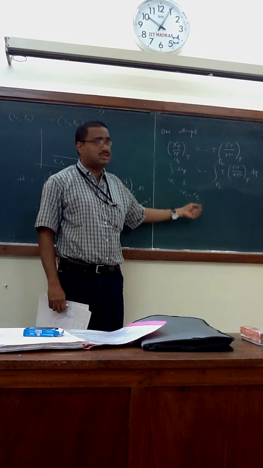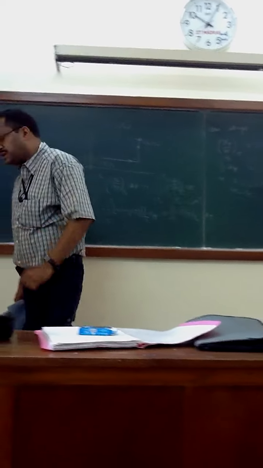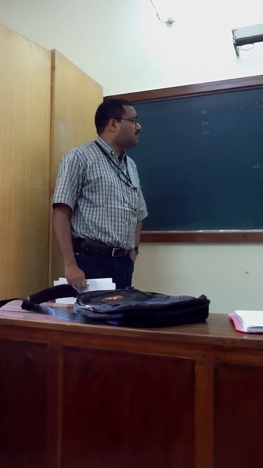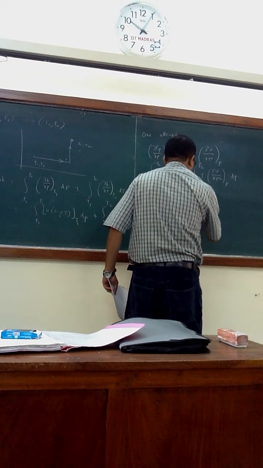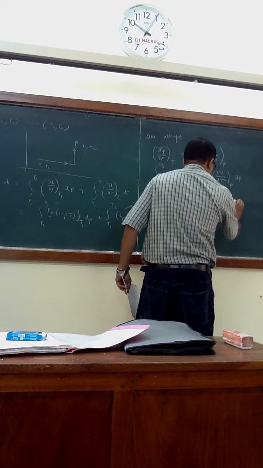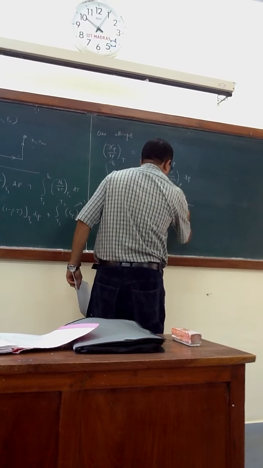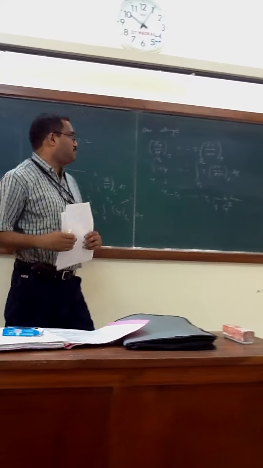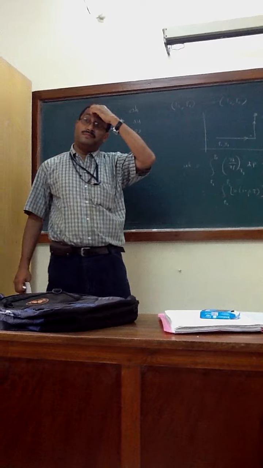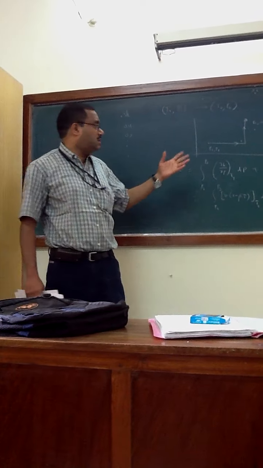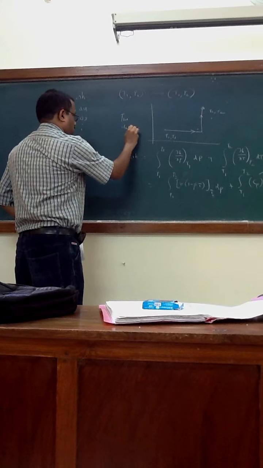But the thing is, Cp1 can be known only if it is an ideal gas, that is, if P1 tends to 0. Otherwise you cannot. So that's why we didn't accept these two steps. Two steps are not accepted.